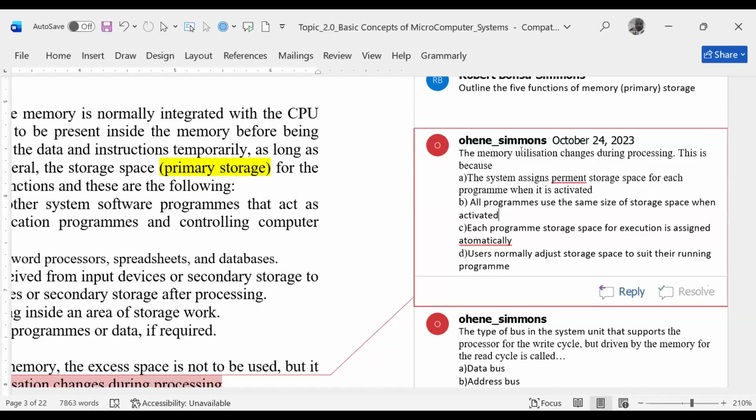Choose one for us. Which one is the answer? So the system assigned permanent storage space. Choose one, A, B, C, D. Okay. D. The users normally adjust storage. No, you are not reading well. The B is what?